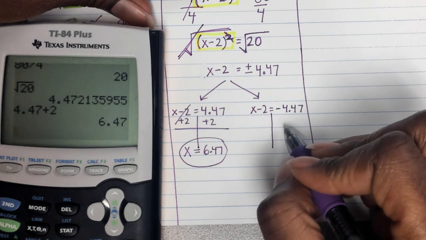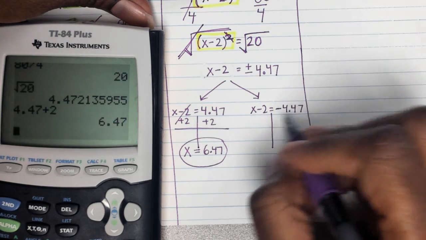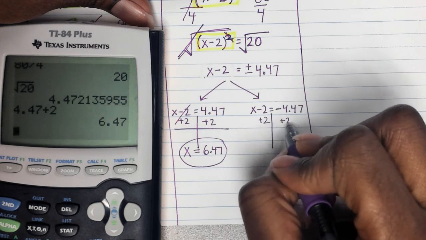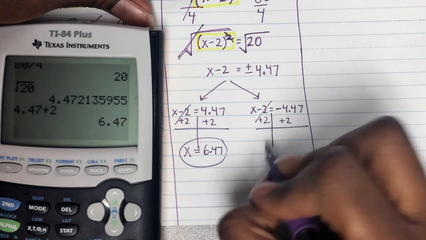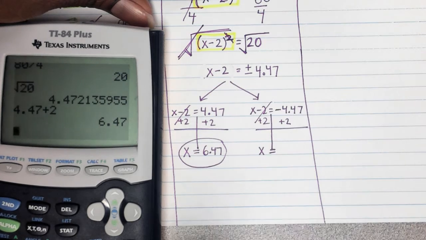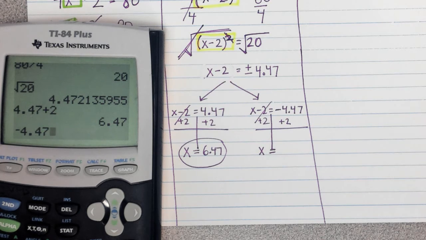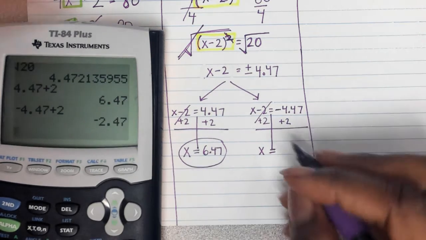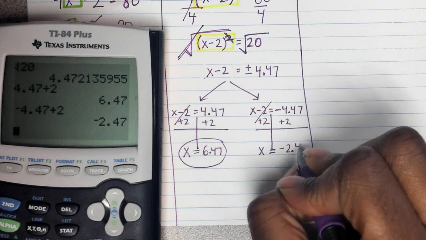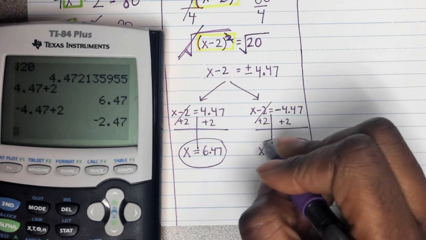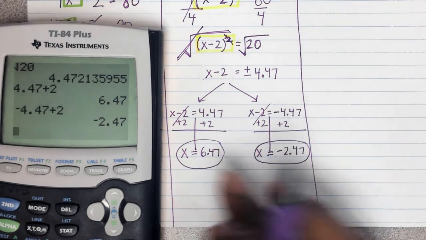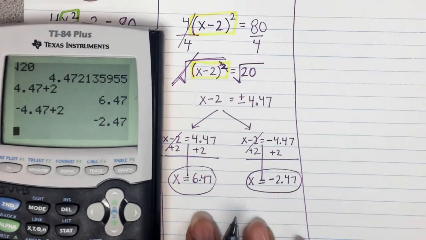However, over here, it's negative 4.47 plus 2. What's negative 4.47 plus 2? Negative what? Yep. Negative 2.47. Those are our 2 solutions.